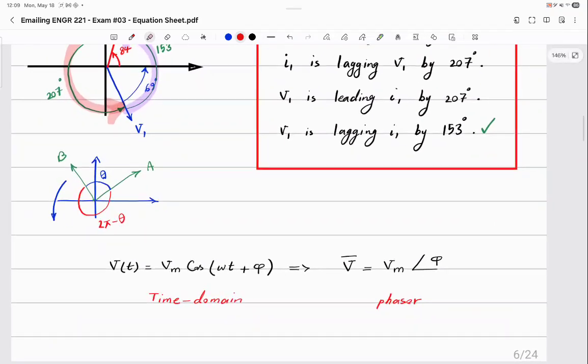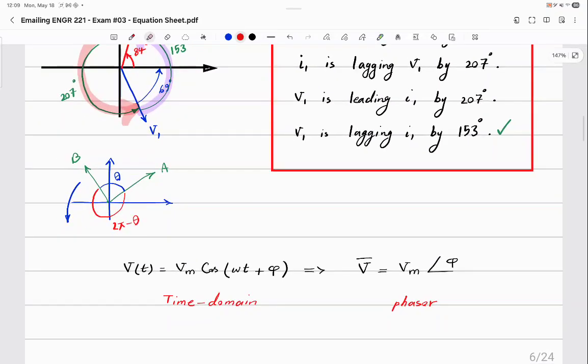A very important yet probably very simple thing is to change a cosine function into a phasor. The first thing that you have to check is that it should be positive cosine. How do you write the phasor?